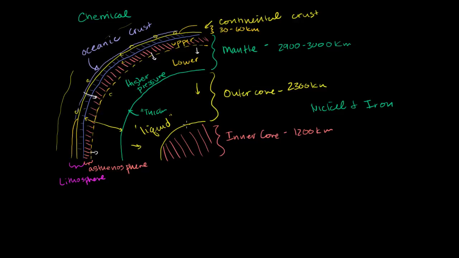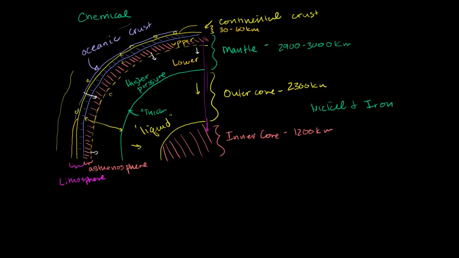But as you get deeper and deeper, the pressure becomes so huge as you get to the inner core. Remember, all of the weight of all of the rock above you, these thousands of miles of rock, is all pushing down on the rock below it. So the inner core, even though the temperature is really, really hot, the pressure is so big that the molecules can't flow past each other. They can't be liquid. They're kind of jam-packed.